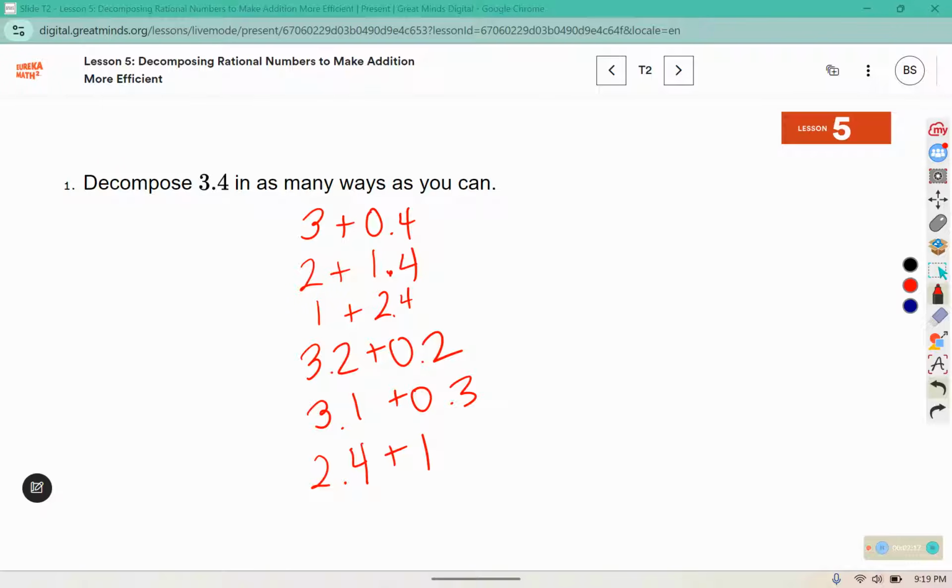There are many ways to decompose 3.4. We could continue this list on and on.